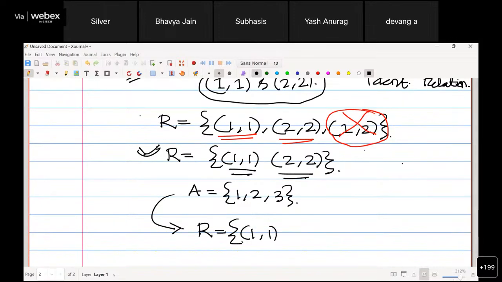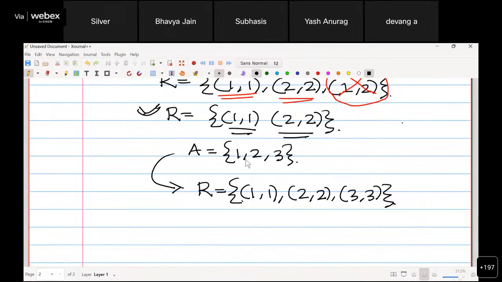If R is 1, 1, 2, 2, 3, 3, then certainly it's an identity relation, because it contains all the diagonal elements, and apart from diagonal elements it doesn't contain anything else. So this is an identity relation on A. Okay, sir. Thank you.